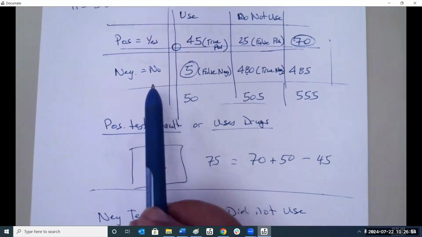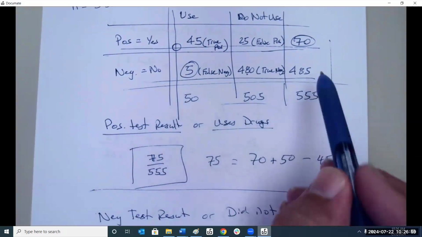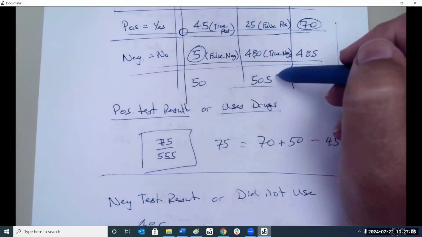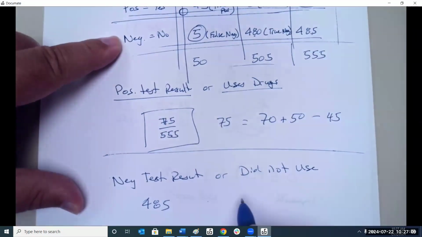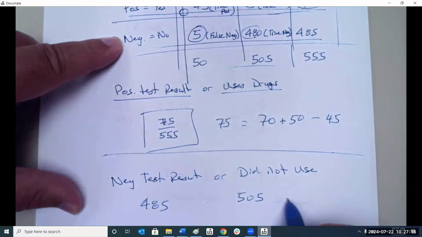Okay, so let's look at our table now. No test results was 485. Did not use drugs was 505. And they overlap at 480.